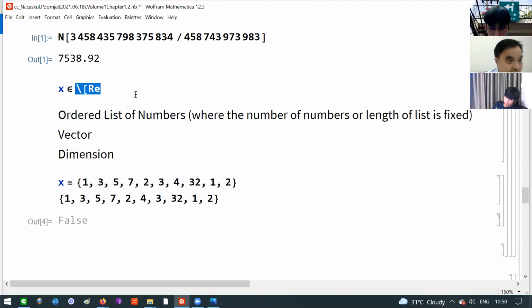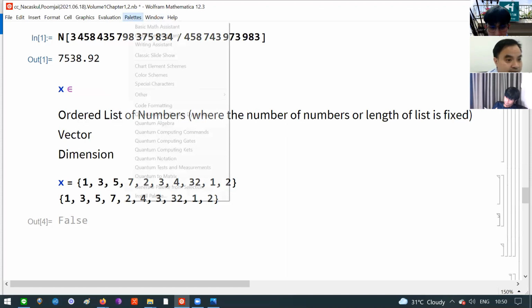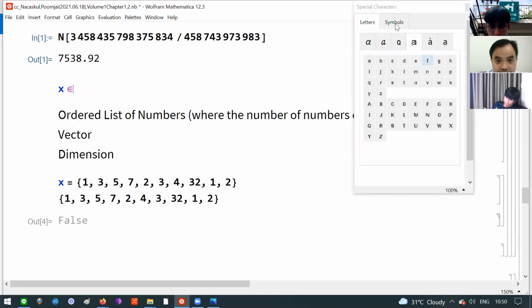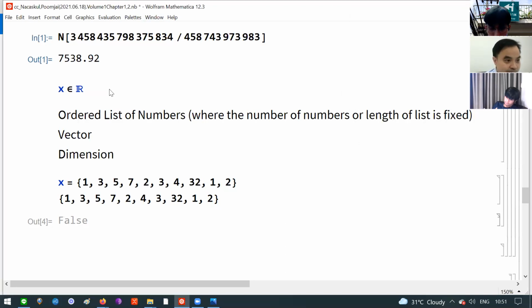I forgot the special character for real numbers, so let's just go to here. Okay. So if I did this, X is an element of real number.